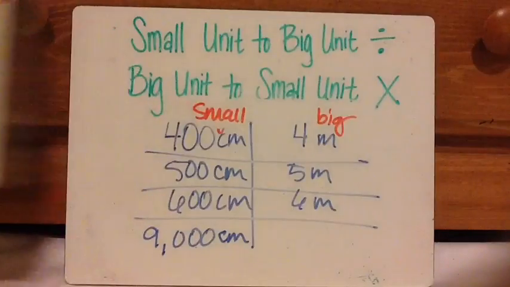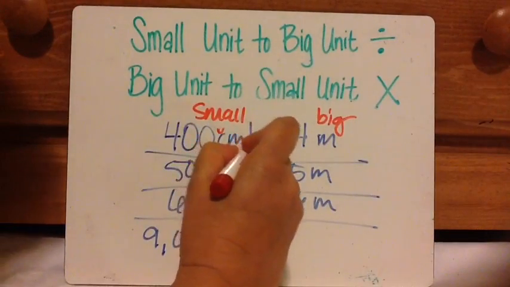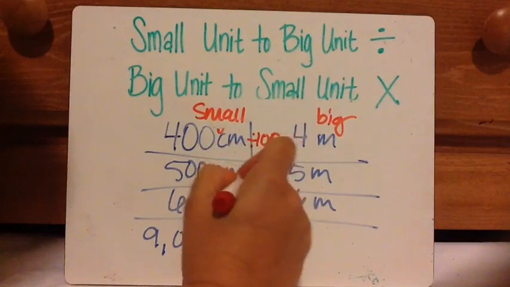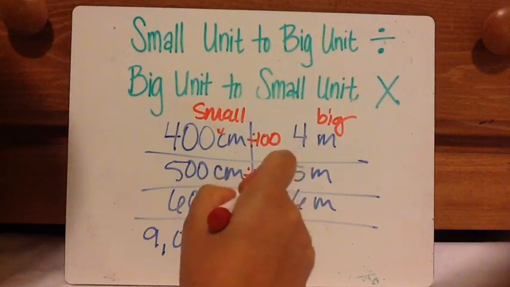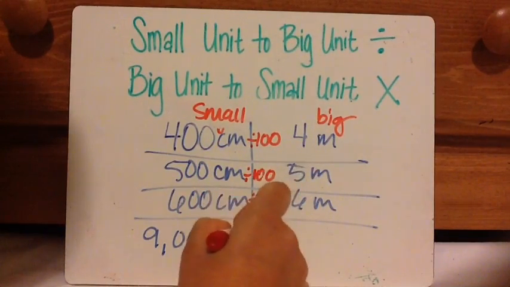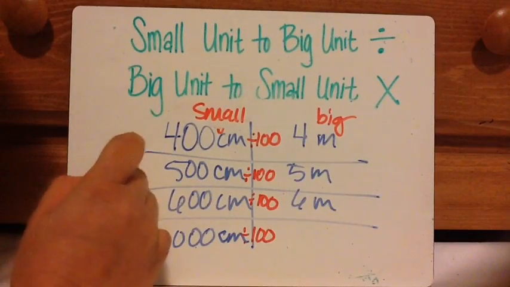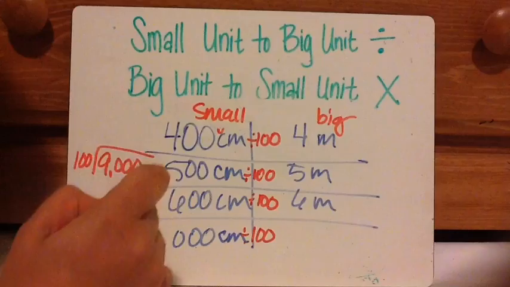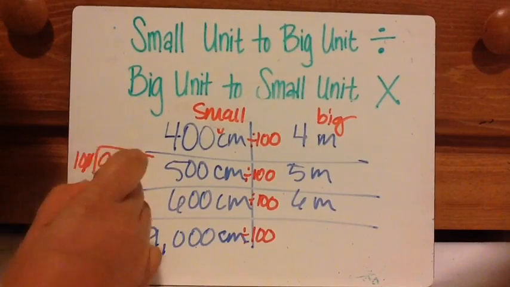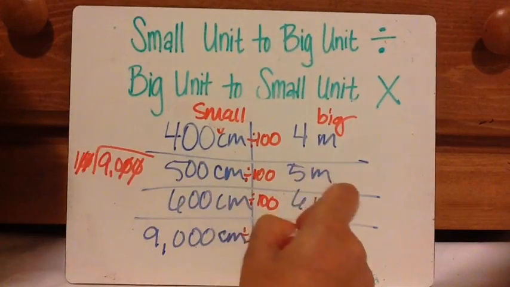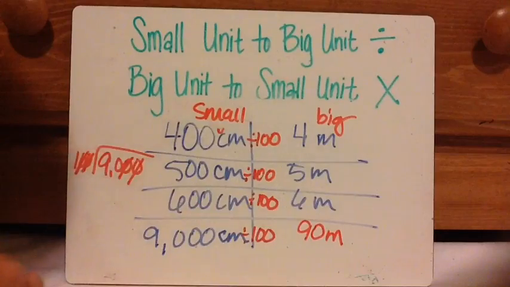I know that every 100 centimeters I have a meter. So divide is my option. Divide by 100. So be careful here. You have 9,000 divided by 100. So if you want to use my trick, you can balance it out, and then you've got 90 meters.